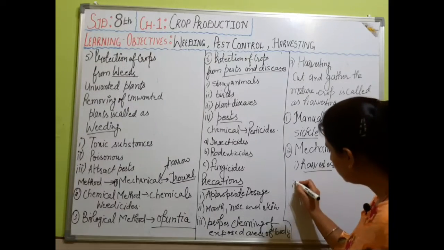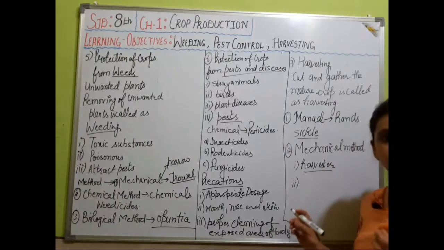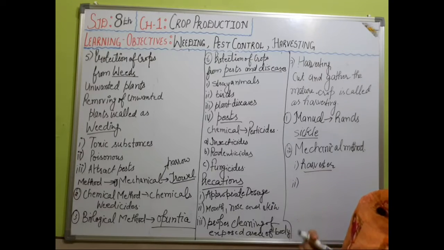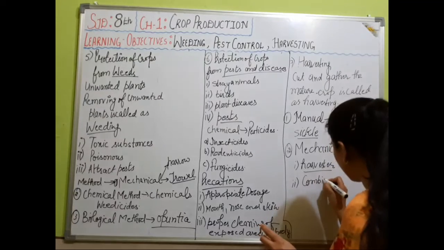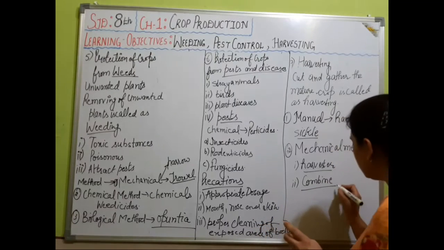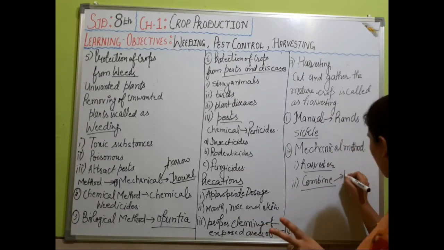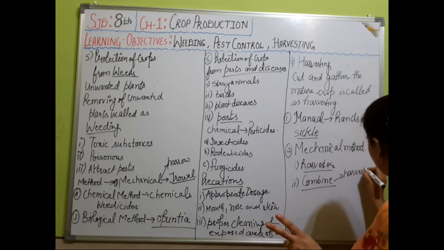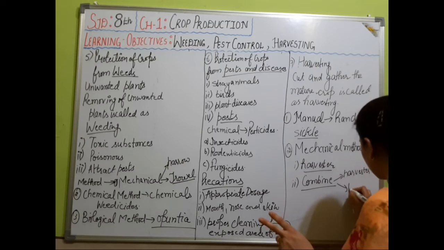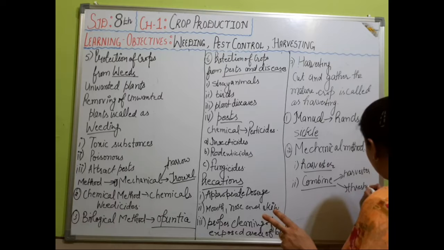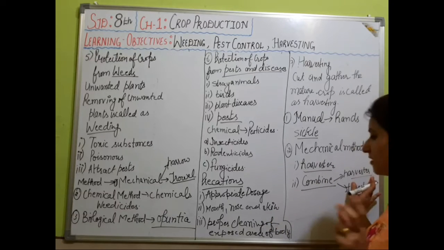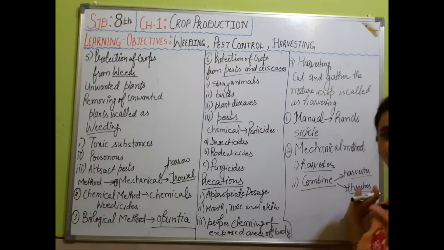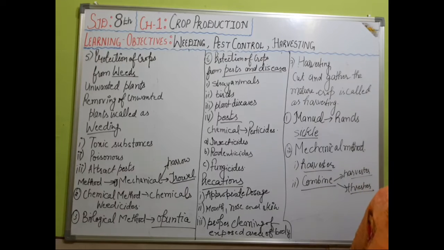Okay, and the second machine, which is used in today's agriculture very frequently, is the combine. As the word combine shows, it means both things, harvester and thresher, are done in it, so that at the same time the crop is cut and on the same time the grains are collected.